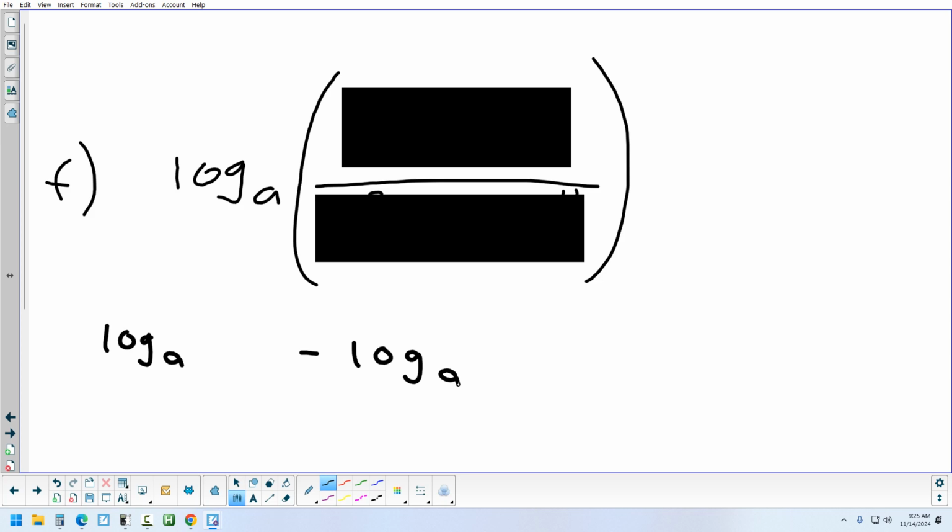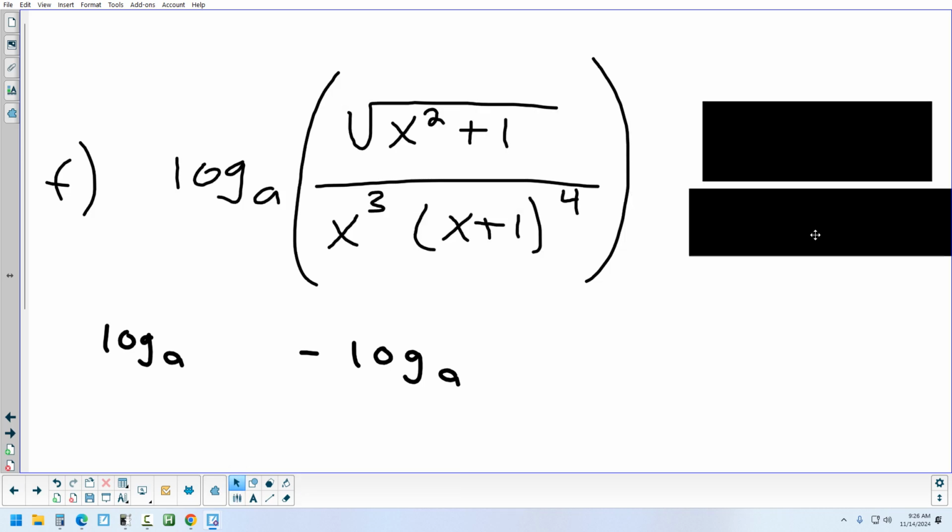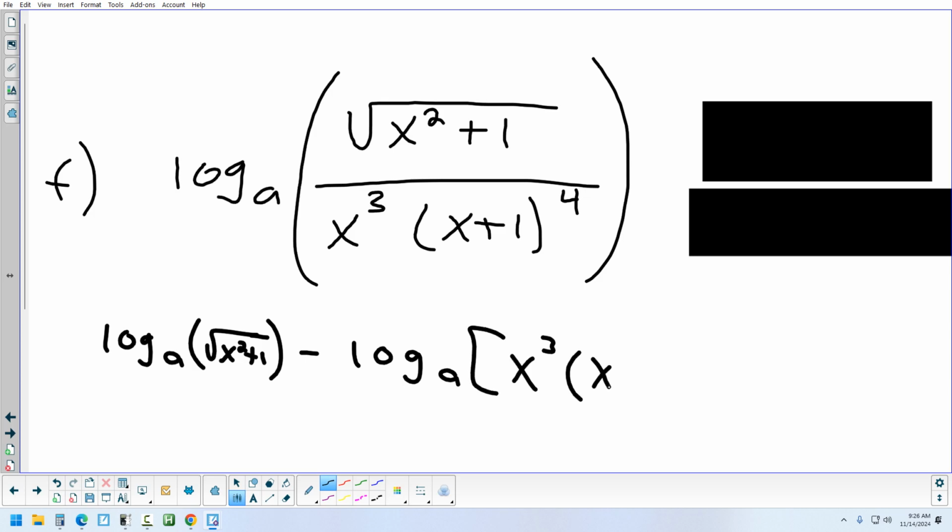Now let's look at what we actually have. Put the top down as your first argument, so square root of x squared plus 1. And then put the bottom down as the second argument: x cubed times (x plus 1) to the 4th.